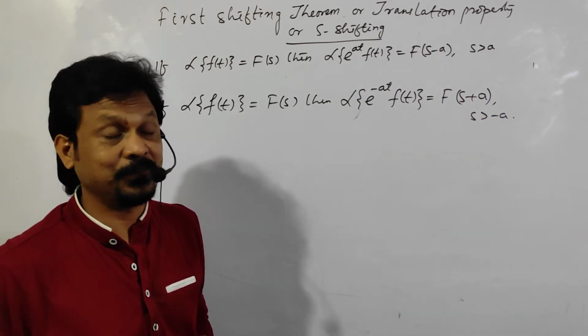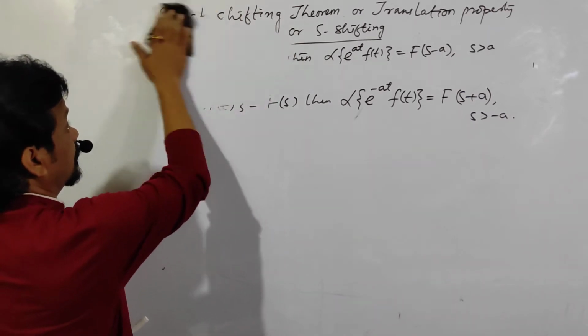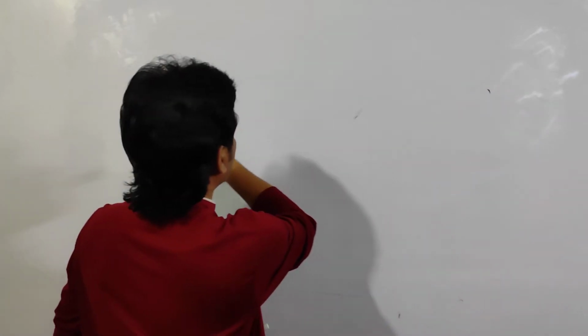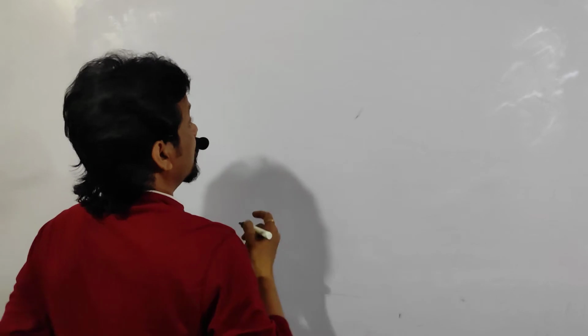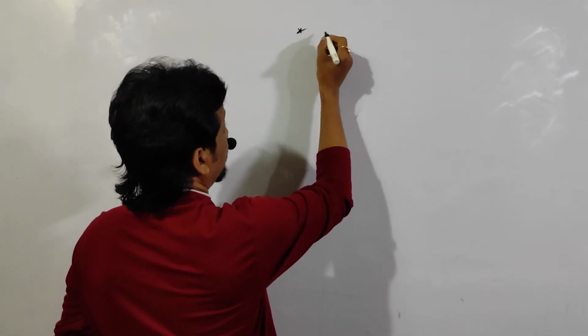That's it. So let us derive some formulas first, and those formulas should be derived by using the first shifting theorem. Let us first prove the first formula.